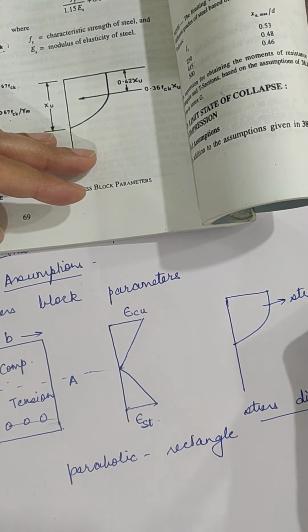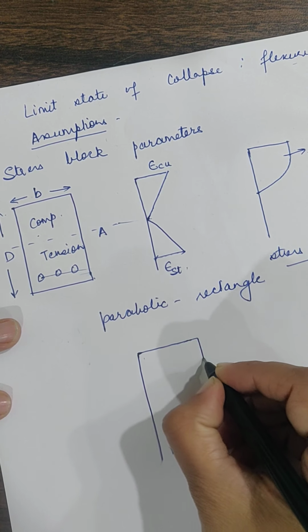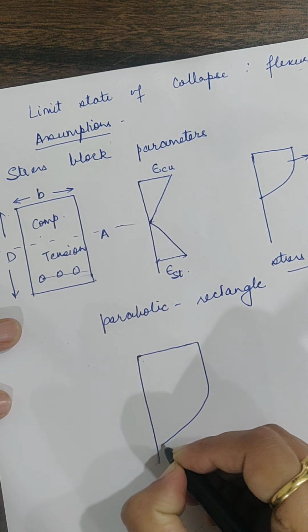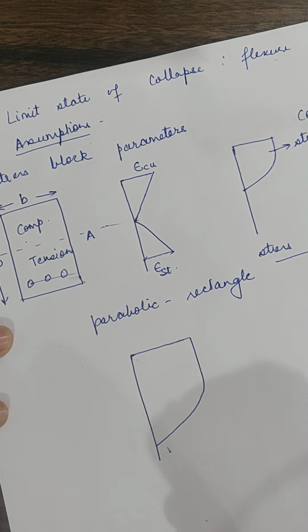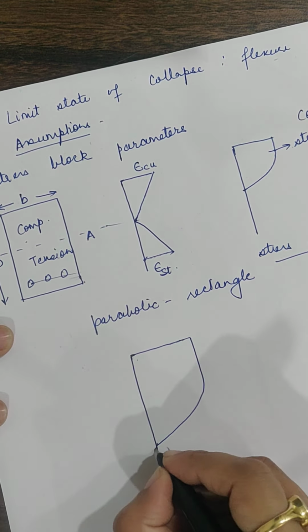Now what are the basic parameters that I am talking about in this concrete stress block? Let us say I draw the block individually. So I have this concrete stress block. This is the depth of neutral axis xu.